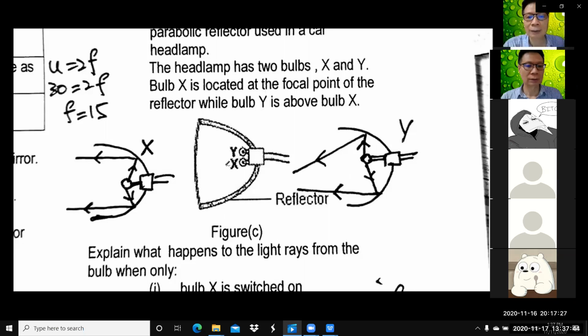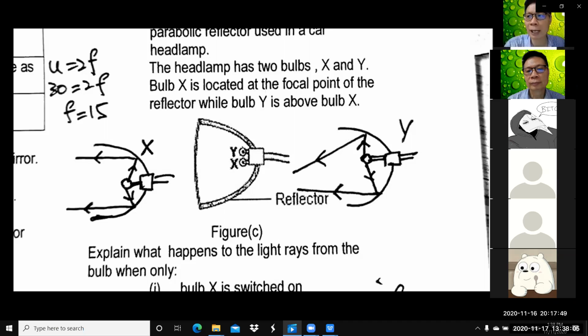You cannot switch on X and Y together. You can only switch on X at one time, or only Y at one time. When you switch on Y, it is not at the focal point. If not at the focal point, the light is reflected down to the road.